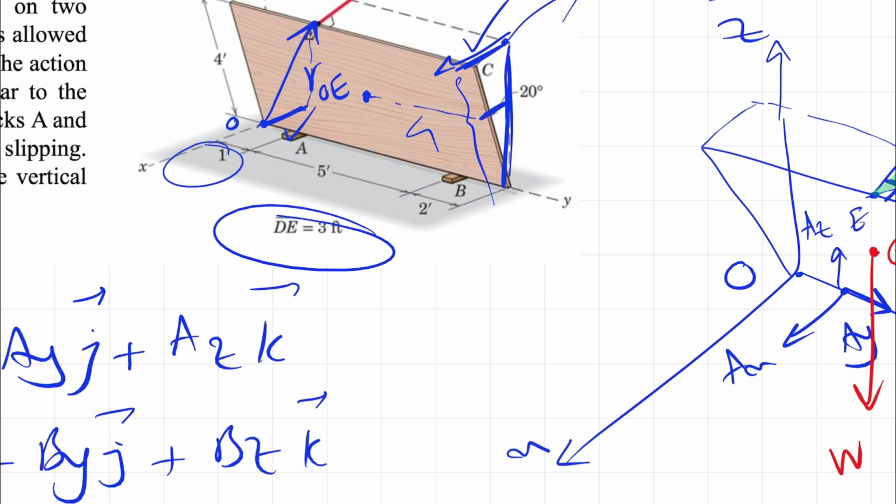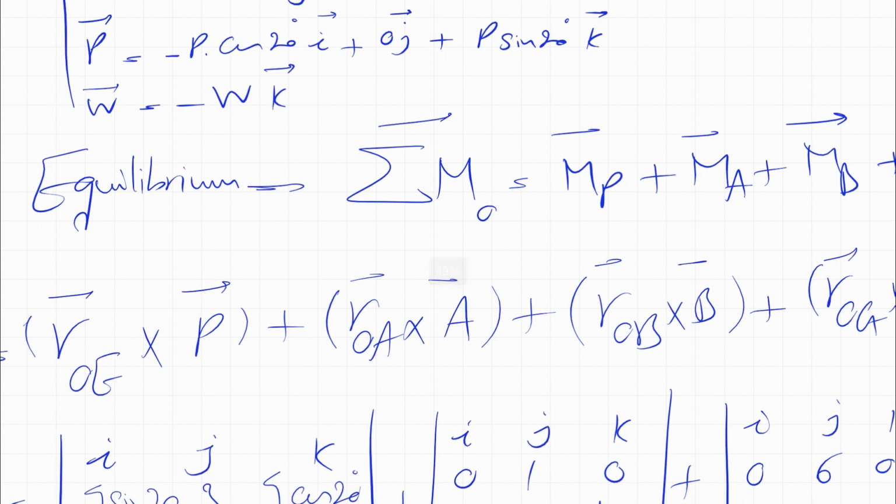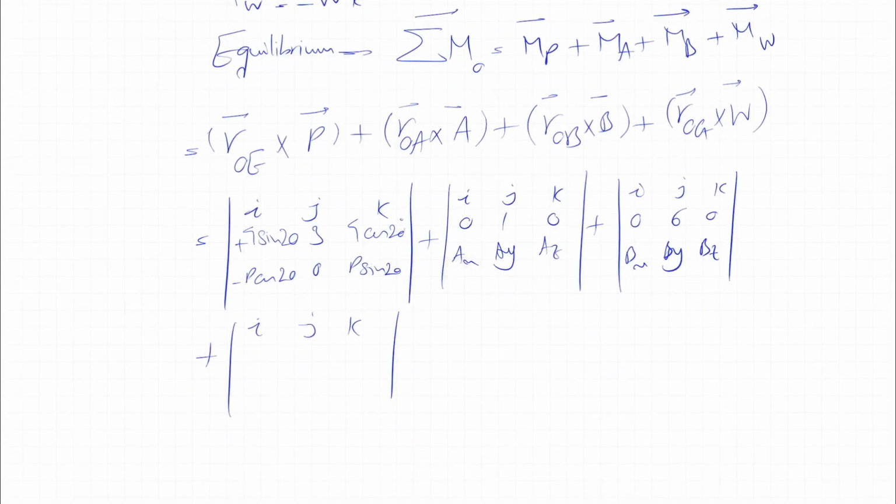It would be basically this distance that is here, but this time we'll have 2 instead of 4. So 2 sine of 20 will be the X component. Again, it's positive.